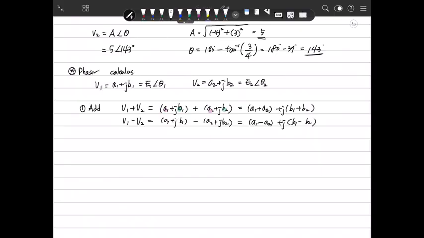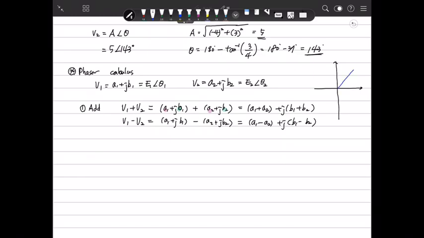These can be expressed in the complex plane. For example, here is the real axis and here the imaginary axis.